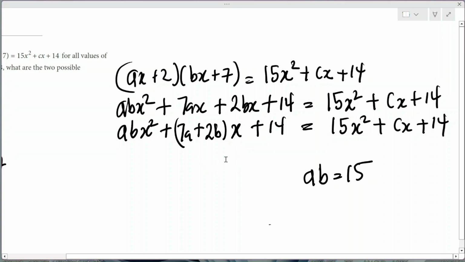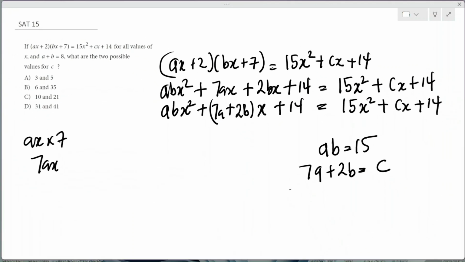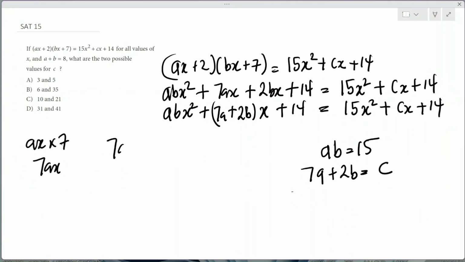If the coefficient of x here is 7a plus 2b, and this expression is equal to this, therefore 7a plus 2b equals c. Or you can bring them both out. You can have (7a + 2b) times x equals cx. Both of them are equal to one another. This x cancels this x. You'll be left with 7a plus 2b equals c.